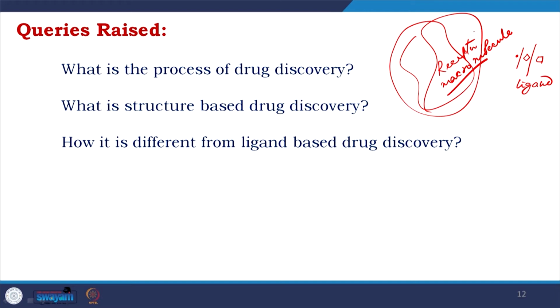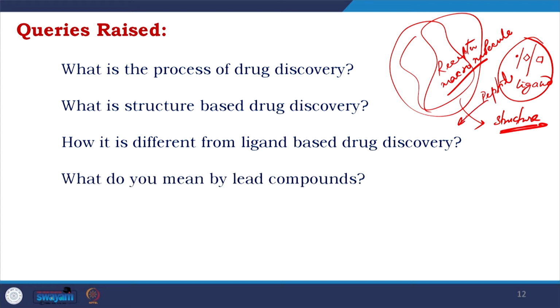When we have to use these, we need its structure in high resolution, and when we use that information, it is called structure based drug discovery. When we use the information of the small molecules, it is called ligand based drug discovery. Remember, peptides also come under ligand based drug discovery.